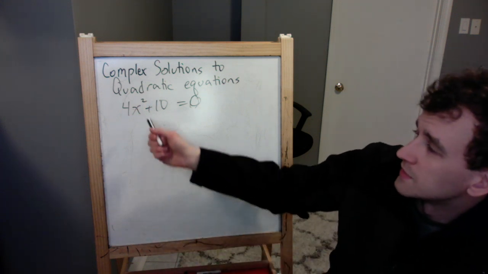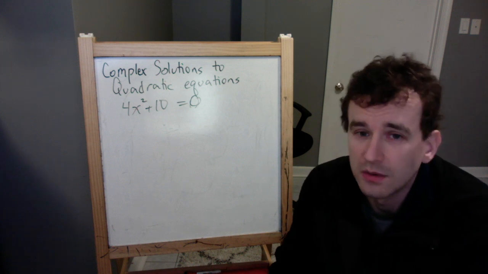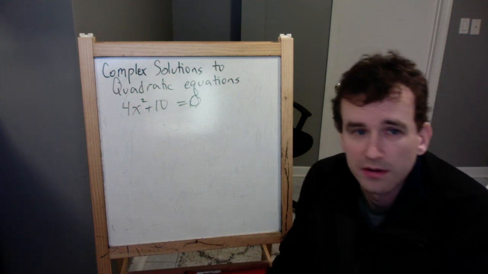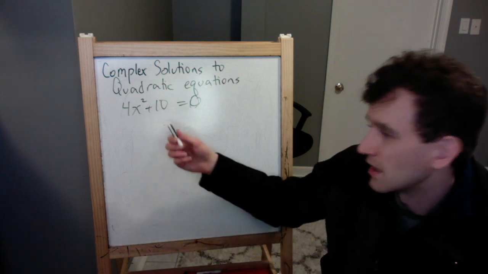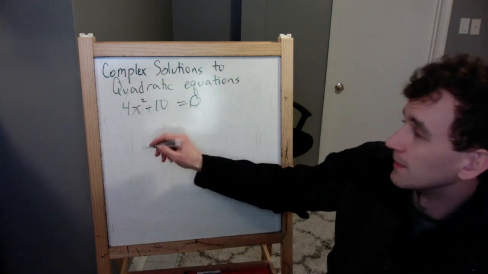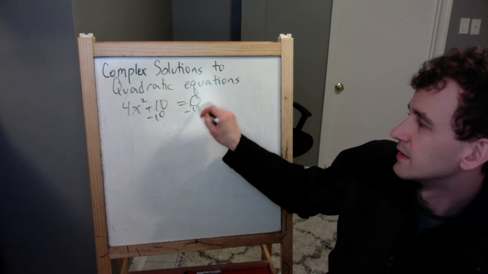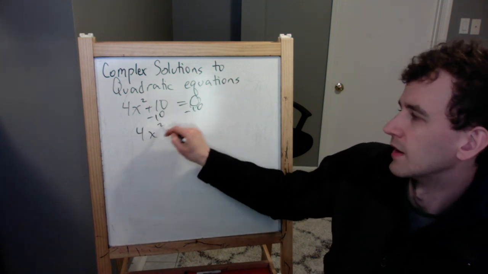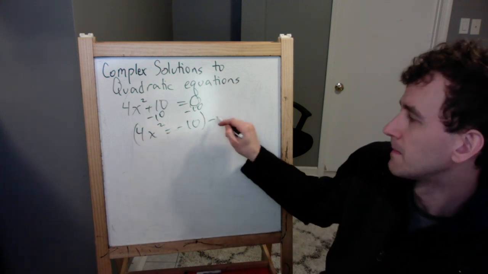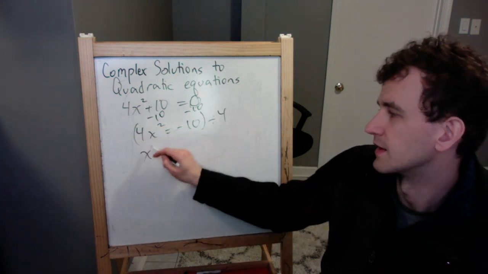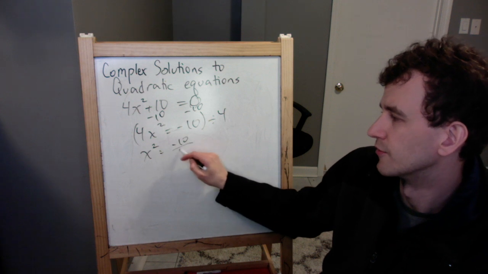So looking at this first example, we've got 4x squared plus 10 equals 0. We don't need to use any of our more complicated methods like completing the square or the quadratic formula to solve it. We can just undo operations. 4x squared plus 10, subtract 10 from both sides, gives us 4x squared equals negative 10. Divide both sides of our equation by 4. Gives us x squared equals negative 10 over 4.